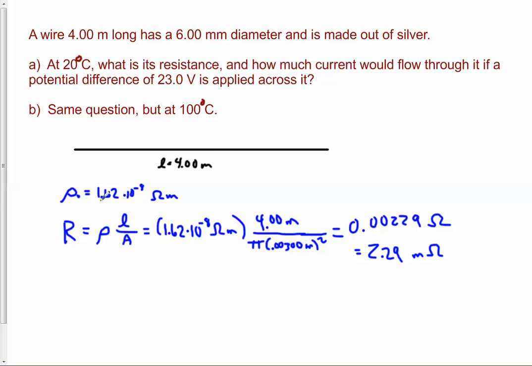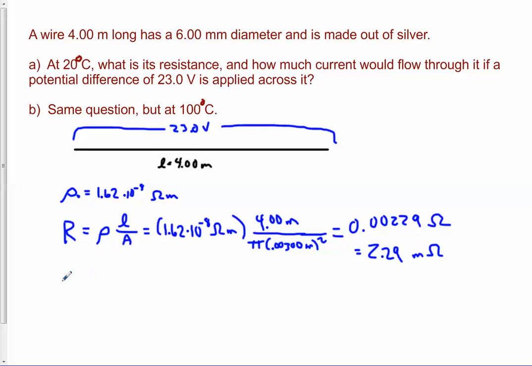Now, for the rest of part A, let's assume that we put a 23 volt difference across this. We set things up using a battery or whatever, so that the potential difference is 23 volts higher on one end versus the other. That's creating an electric field going from the higher to the lower, and we're going to get electrons to start moving, and we're going to get a current.